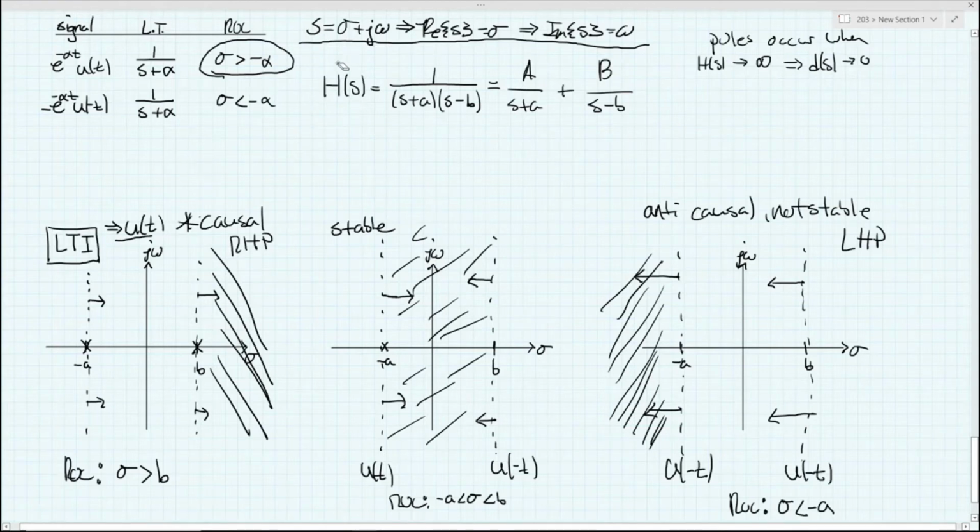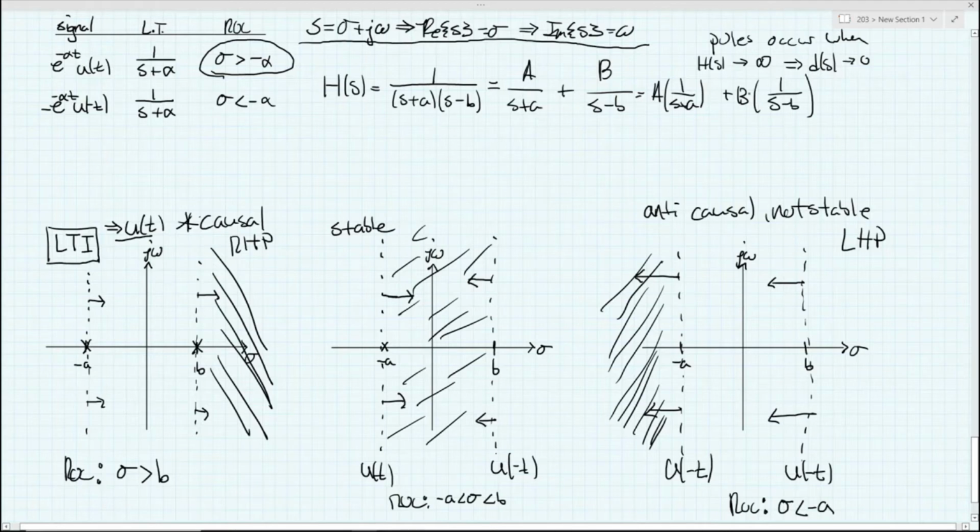But right off the bat, this is what this looks like. This is a times 1 over s plus a plus b times 1 over s minus b.